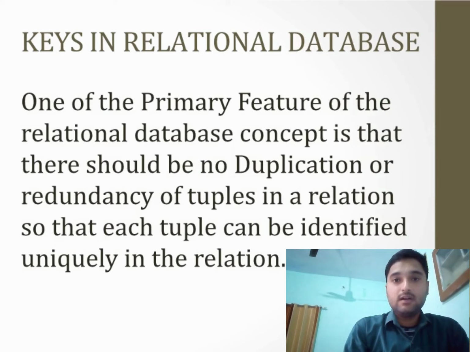If there is a table named class, and two or three students have the same first name, same last name, same class and same section, then you will not be able to uniquely identify which is the first student, which is the second student, and which is the third student. In that condition there is confusion. To overcome that kind of confusion, we use keys.